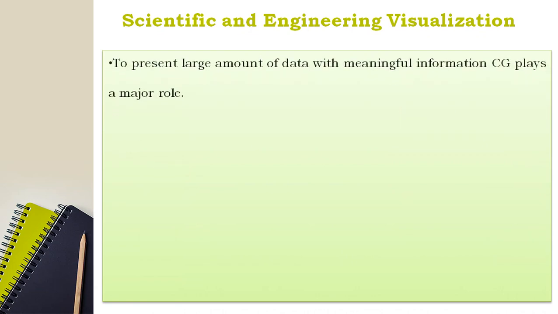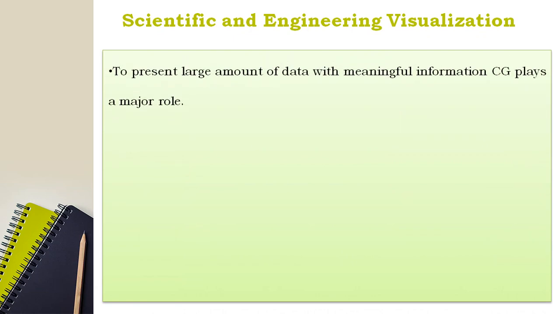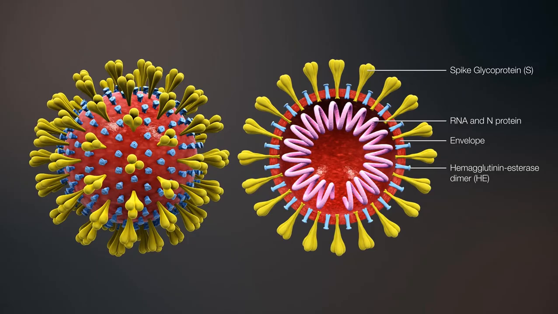Scientific and engineering visualization. To present large amount of data with meaningful information, computer graphics plays a major role. Visualization is mainly used for research purposes. Presently, one problem is there in the world, coronavirus.